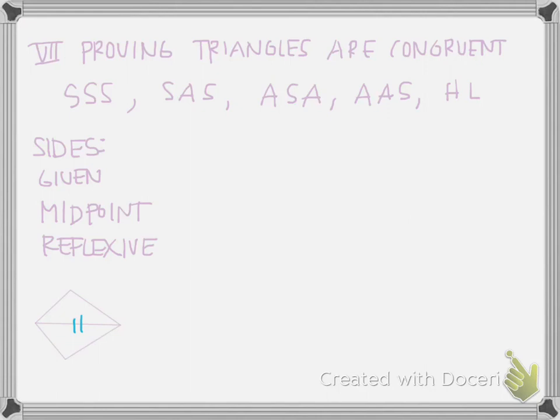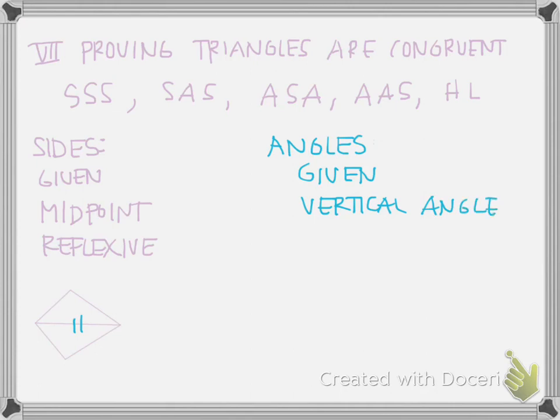Angles are congruent would mean, of course, given, always. You can be given that information. Vertical angles. Corresponding angles.